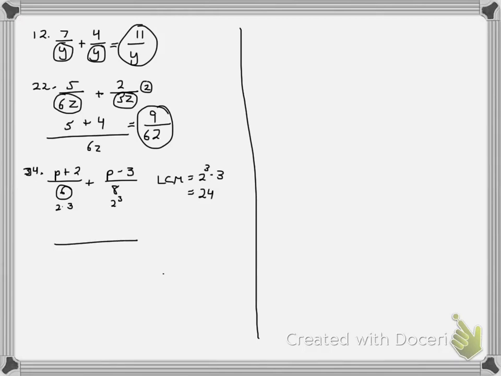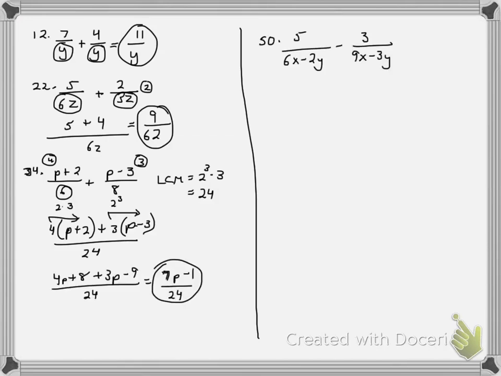Okay. 6 goes into 24 4 times. That's my multiplier here. 8 goes into 24 3 times. That's my multiplier here. And what I'm thinking is times the binomial. Now what we'll do is we'll distribute and gather like terms.